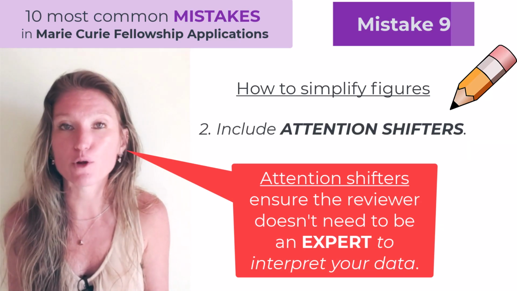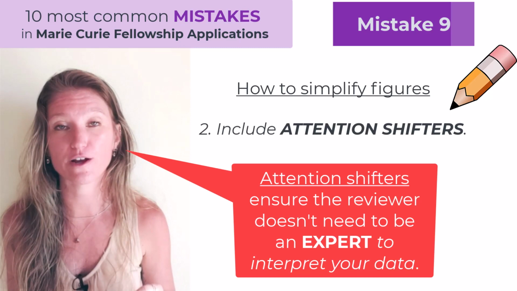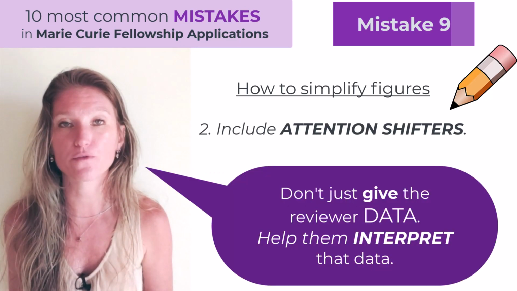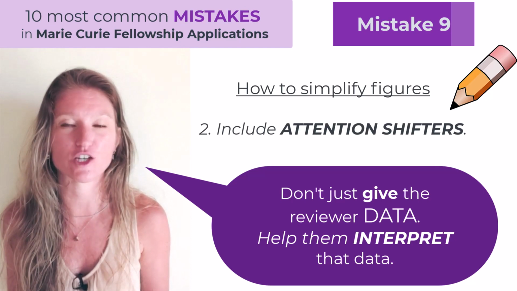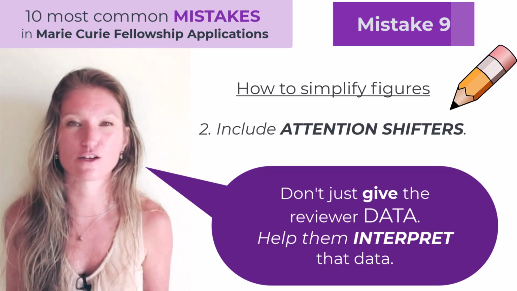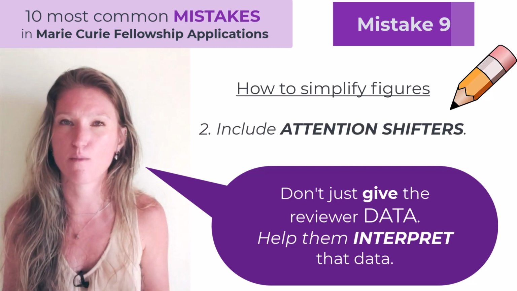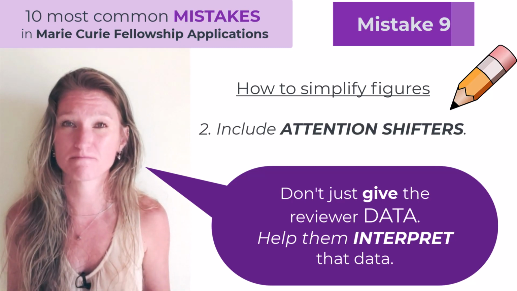Don't just give them a graph. Show them on the graph itself what that data means. This is going to help your reviewer actually interpret this information instead of having to study it for themselves and potentially come up with the wrong explanation.